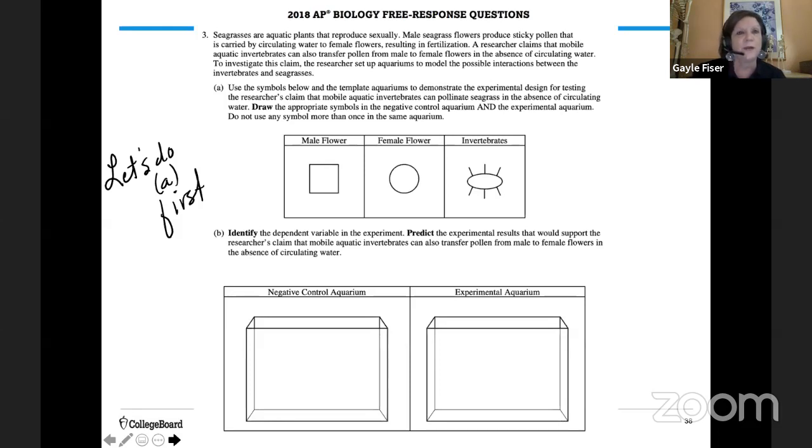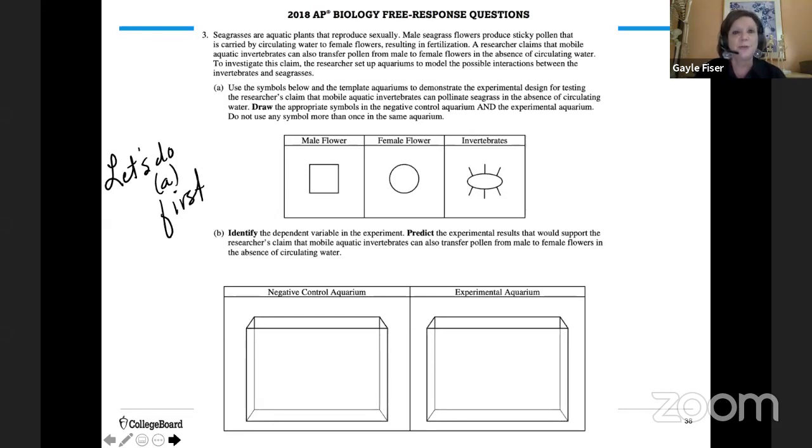Okay, let's read this story, and we're going to work on A. Seagrasses are aquatic plants that reproduce sexually. Male seagrass flowers produce sticky pollen that is carried by circulating water to female flowers, resulting in fertilization. A researcher claims that the mobile aquatic invertebrates can also transfer pollen from male to female flowers in the absence of circulating water. To investigate this claim, the researchers set up aquariums to model the possible interactions between the invertebrates and the seagrasses.